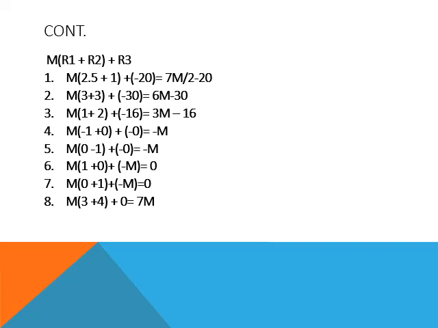The last is M multiplied by 3 plus 4, which is 7M plus 0, so 7M. So now we applied this formula in order to escape the high negativity of the values in row 3.